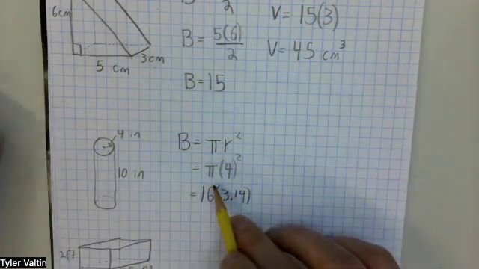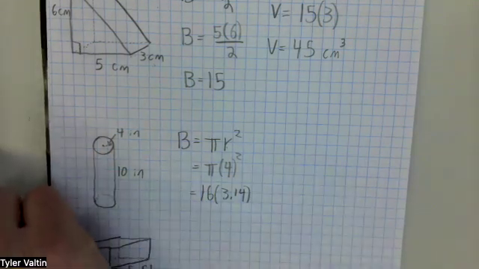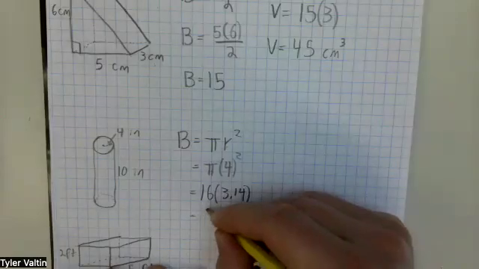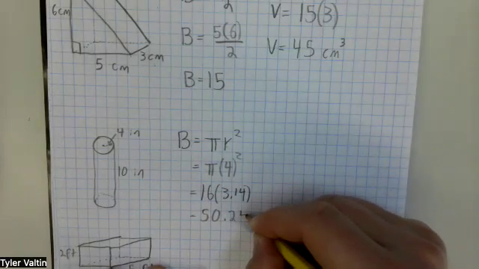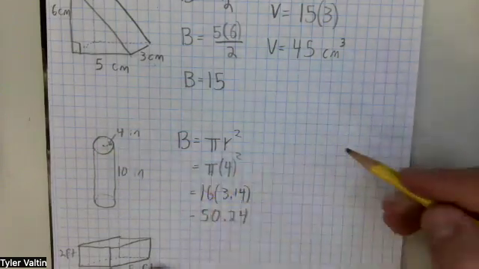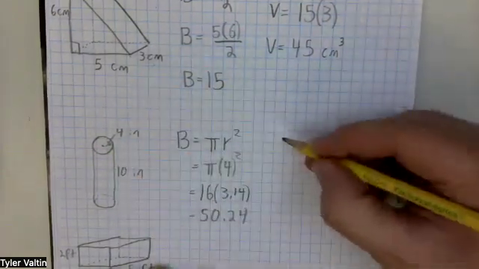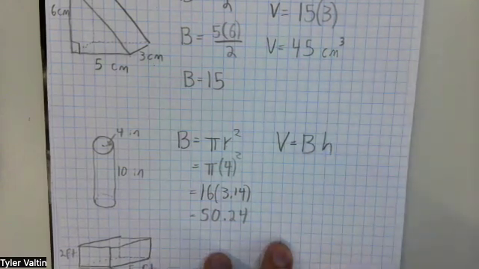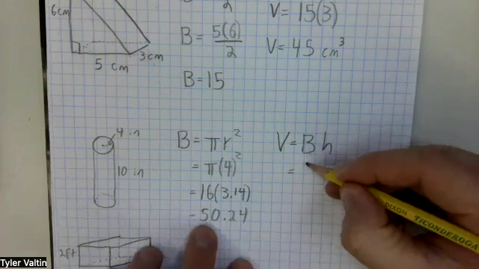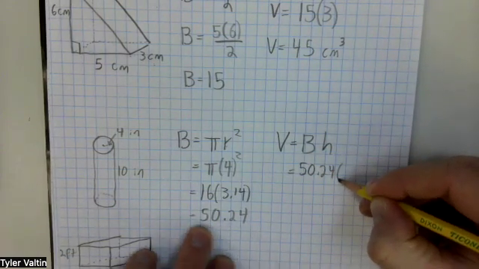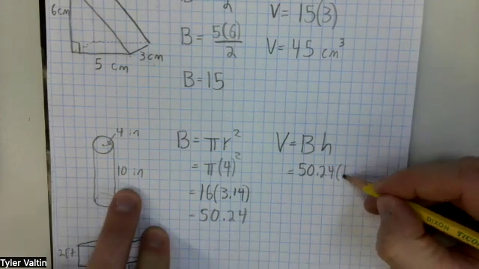Let me use my calculator for that. 16 times 3.14, and I'm going to get 50.24. So that is the area of the circle. And now I need to multiply that by the height. So I'm going to go back to my volume formula, big B times H. Big B here is 50.24, and my height is 10.